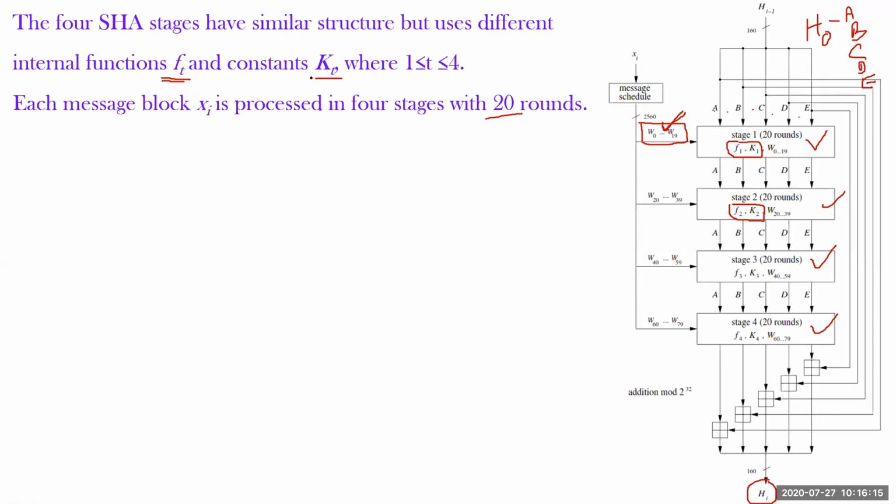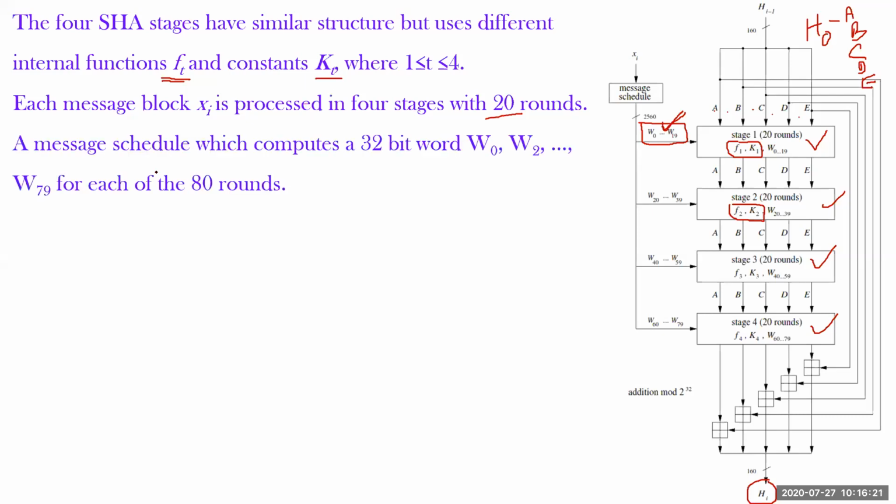F of 1, k of 1 is the first stage. F of 2, k of 2 is the second stage, and so on and so forth. Then the message will be scheduled as 32-bit words W0 to W79, for 80 rounds.